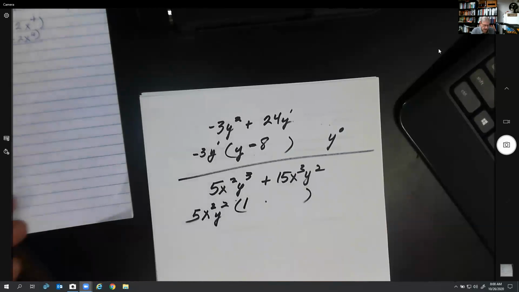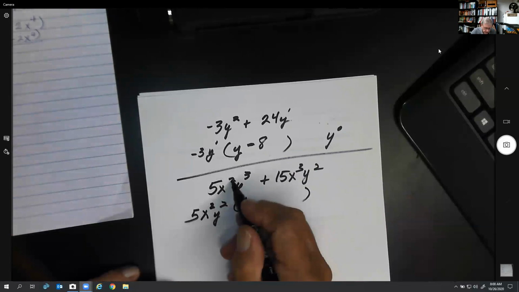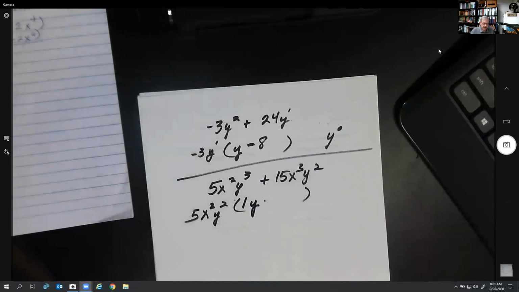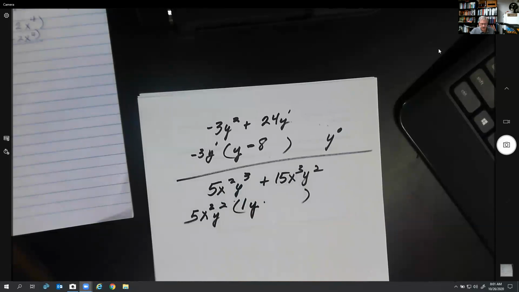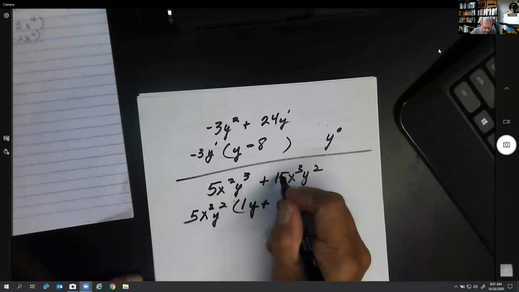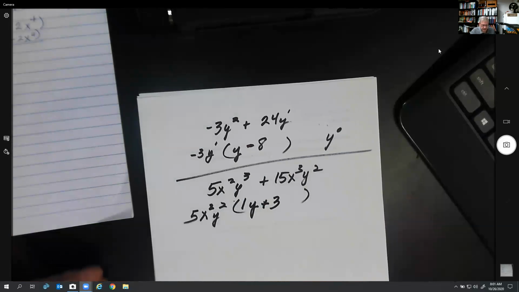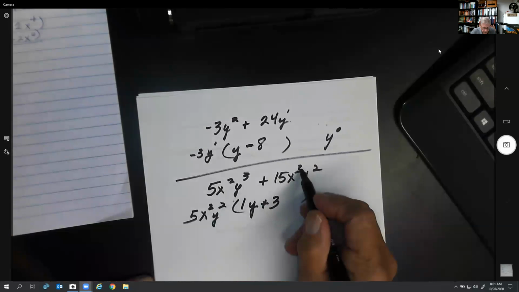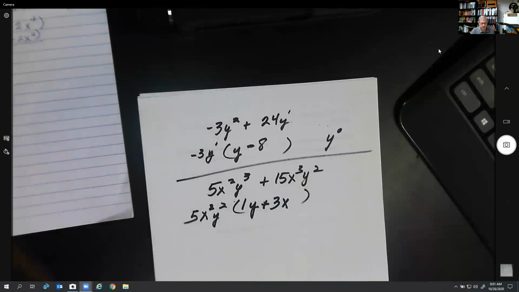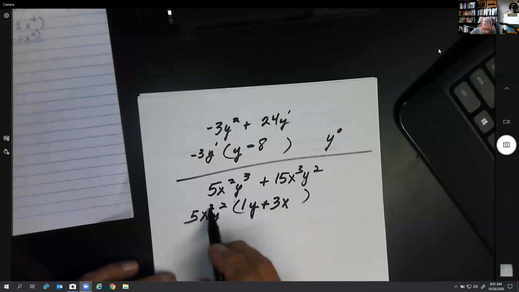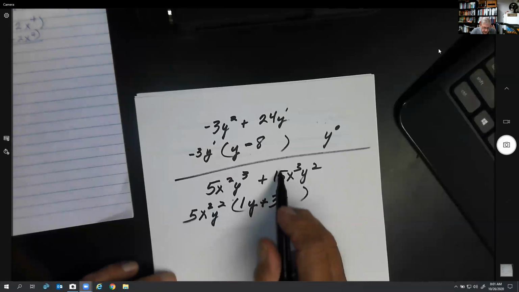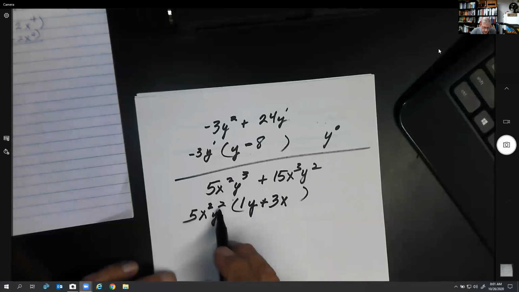You can write it down if you want, or not. 2 from 2 is 0. 2 from 3 is 1. Sometimes it's good to subtract those exponents. Makes it easier. Divide the coefficients, but subtract the powers. 2 from 3 is 1. 2 from 2 is 0. Double check it. 5 x squared y cubed. 15 x cubed y squared.